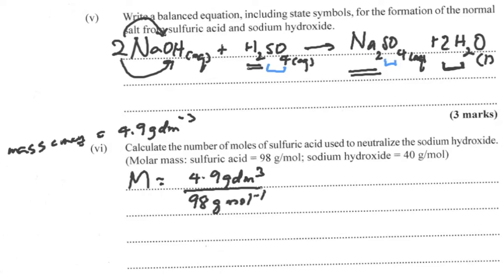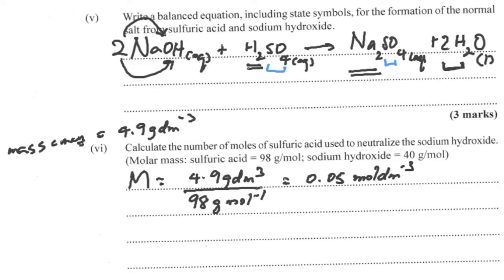Of course, grams will cancel out grams and we'll be left with moles per dm cube. So this would give us 0.05 moles per dm cube of our sulfuric acid.